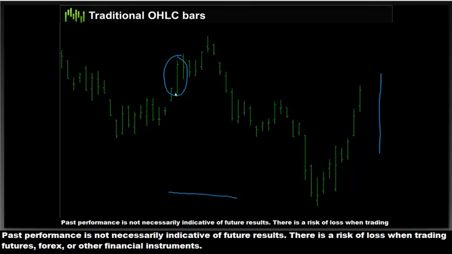Now each bar is made up of this left horizontal bar, that's the opening price, and this right horizontal bar, that is the closing price. Now between that we have the very top of the bar, which is the high of the bar, and then the low price of the bar at the bottom, and then they just connect the lines. So basically that is what makes up one of these bars.